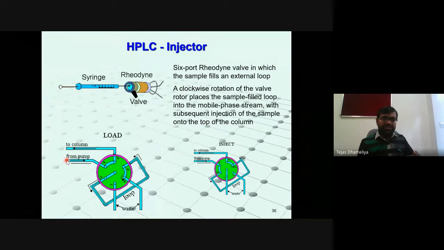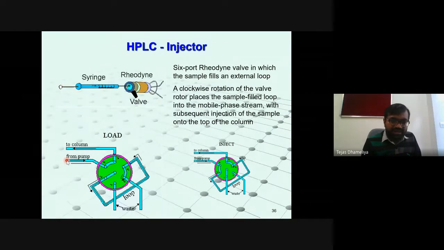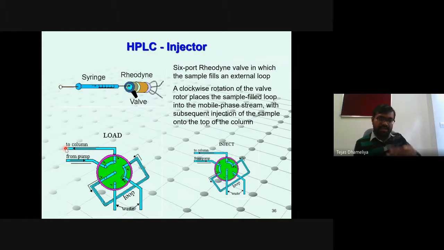When the load is going on, the flow moves from the pump to 3, then to 4, and then directly to the column. That is called load. Whatever solvent comes from the pump goes to 3, 4, and towards the column.